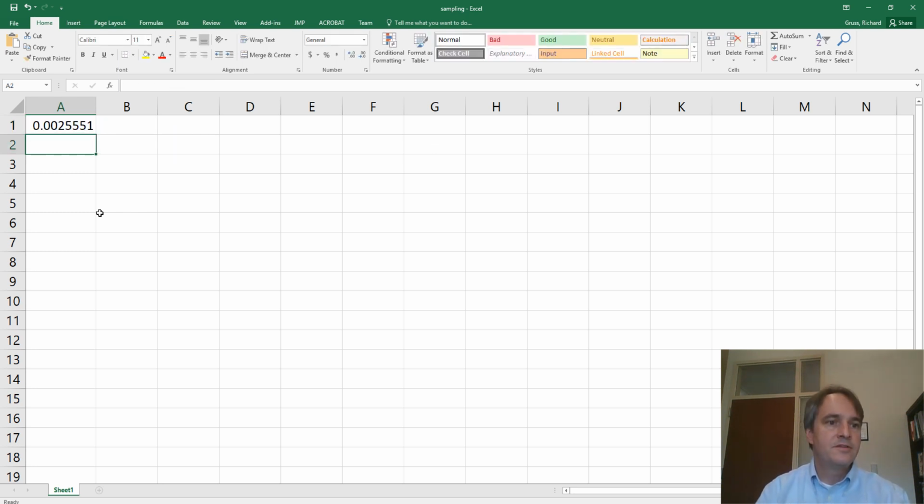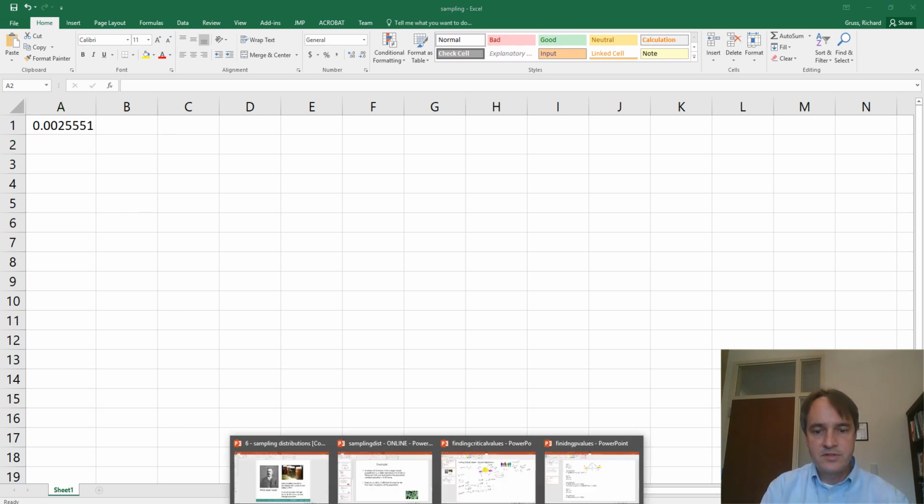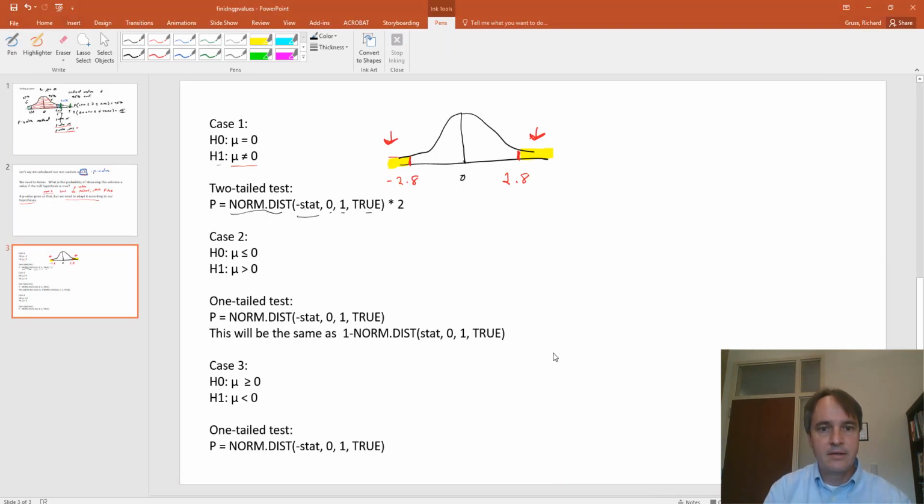So this is 0.0025. What this is telling me is that the probability of having a value in here is 0.0025. That's how much area is here. So the probability of observing a value out here is 0.0025.